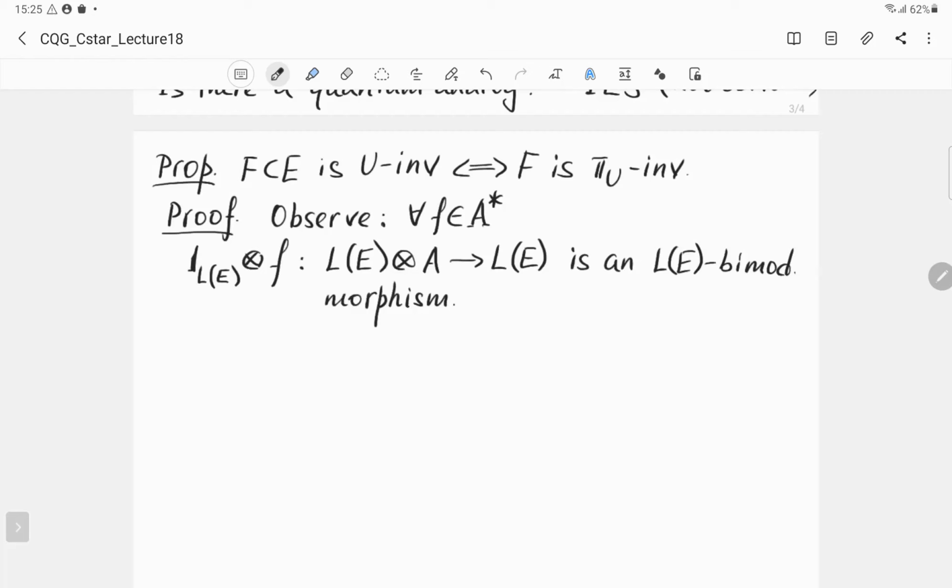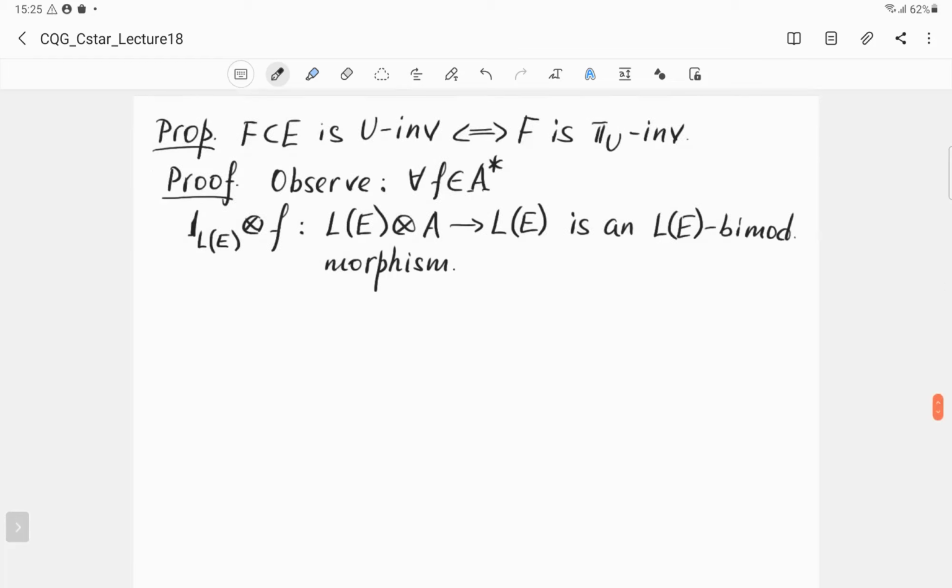Actually, we have already used this fact when we discussed slice maps. Okay, now let's prove our proposition.